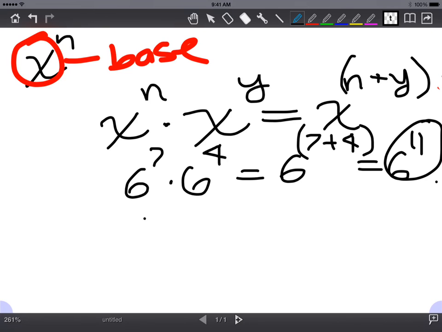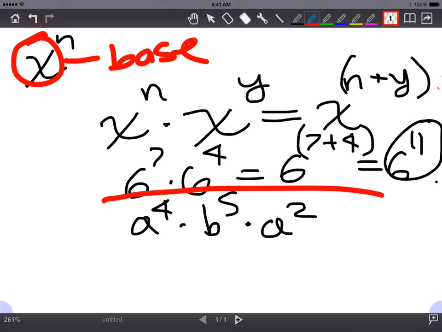Let's say we have a to the 4th times b to the 5th times a to the 2nd. So remember, they have to be common bases. So which of these have common bases? Well, these two are the only ones that have common bases.